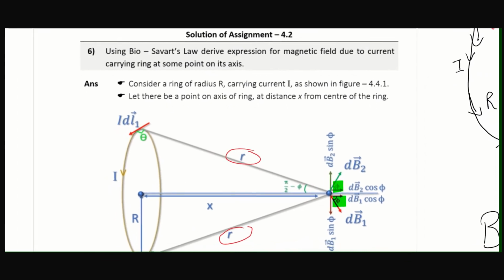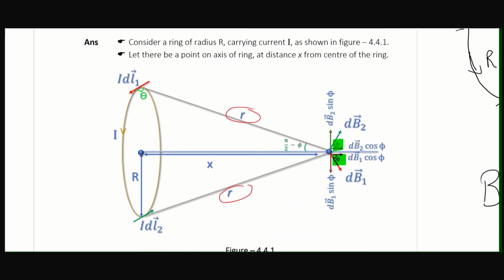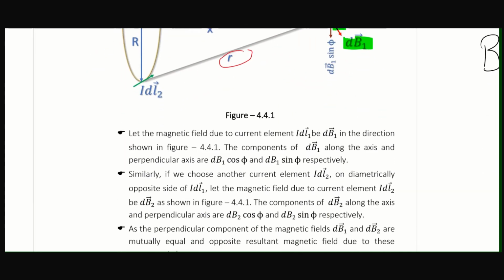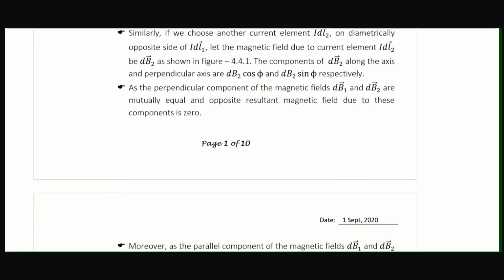See, first of all, consider a ring of radius r and it is carrying current I. This is the figure. We are considering a current element, and then you have to show all these component vectors, dB1, dB2, and dB sin phi, dB cos phi. Then you can have a look at all the statements.